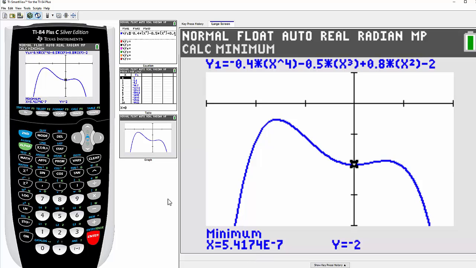And the calculator will actually give you that if you send it in the right direction, but because of the algorithm that it's using to locate this minimum value, there's a little bit of round off error, and so that's why it's giving this value here. But understand, it is 0.